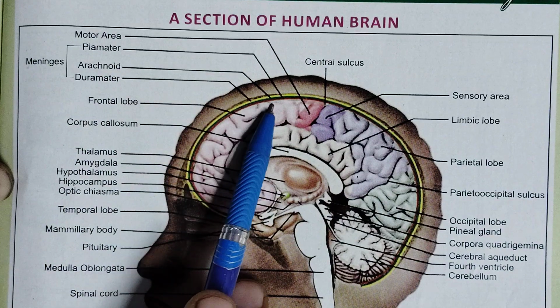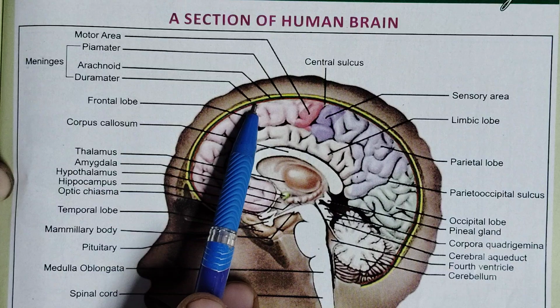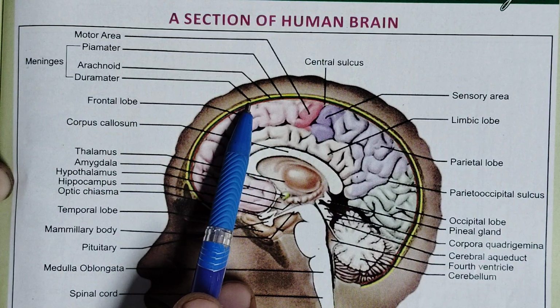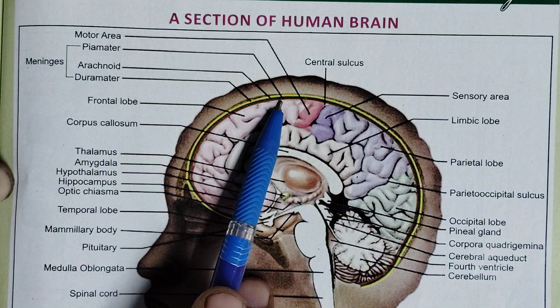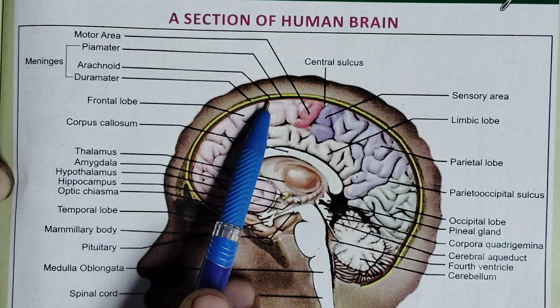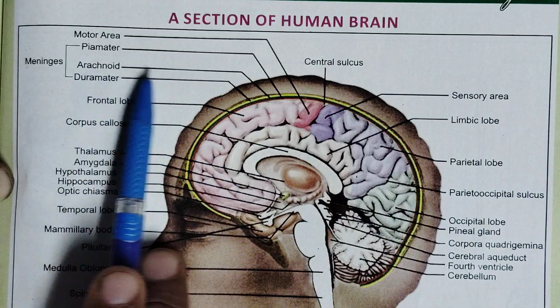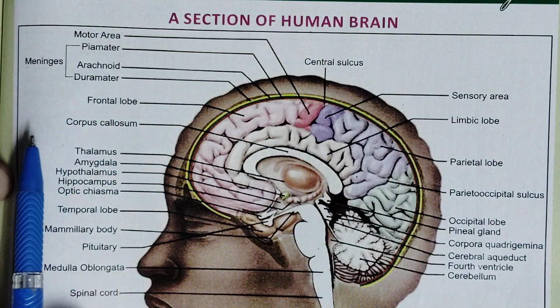These three parts are here: red, yellow, and a small greenish one. The yellow part is the dura mater, the inner red part is the pia mater, and there is also the arachnoid. So these are called meninges.